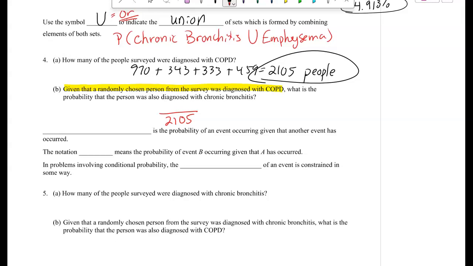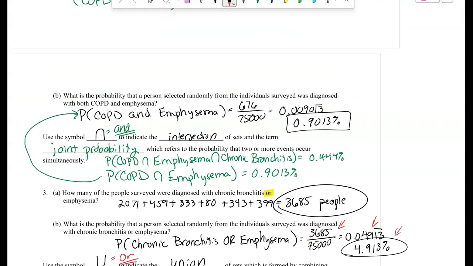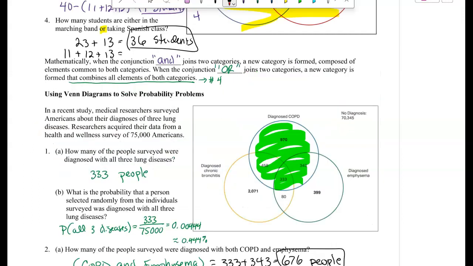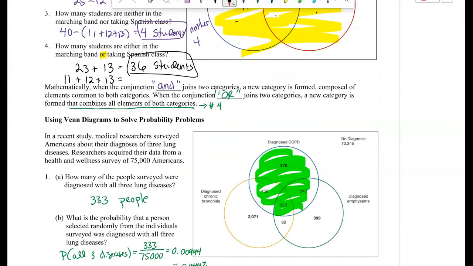So when I look at this, which ones, if I have COPD, which one has chronic bronchitis? Where am I looking? 333.